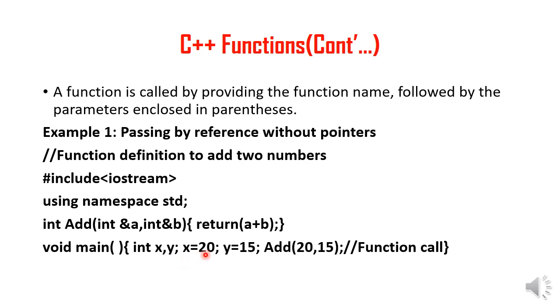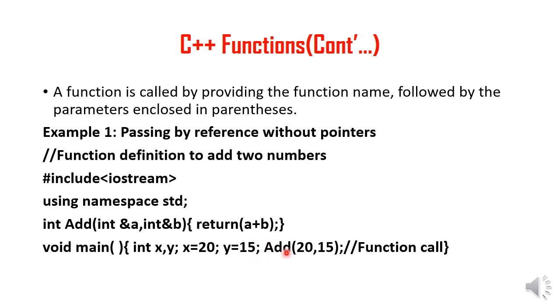We start immediately the second statement here, which is used to initialize the variable x. The variable x is assigned 20 as a value, semicolon, and the variable y is assigned 15 as a value, semicolon. The following statement is a function call. Remember that a function call statement is formed by the function name.